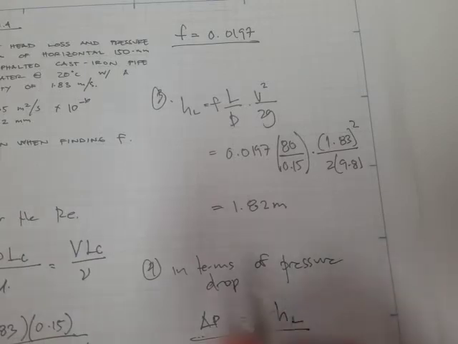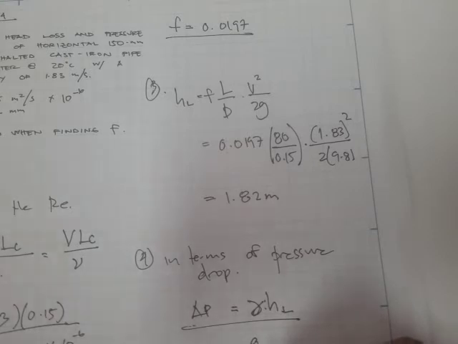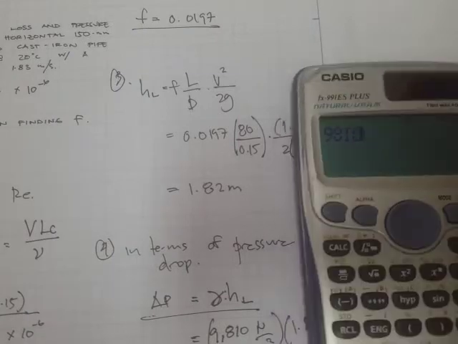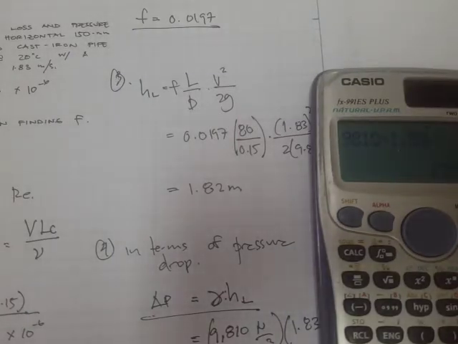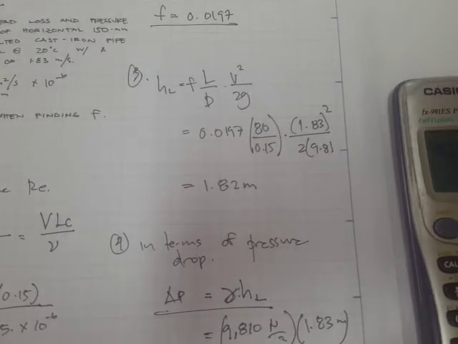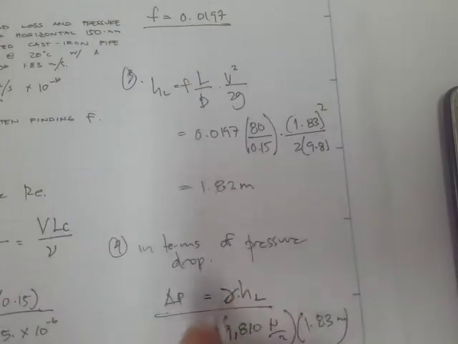Since this is water, the unit weight is 9.81 or 9,810 Newton per meter cubed times 1.83 meters. 9,810 times 1.83 is 17,952.3 pascals. This is HL.